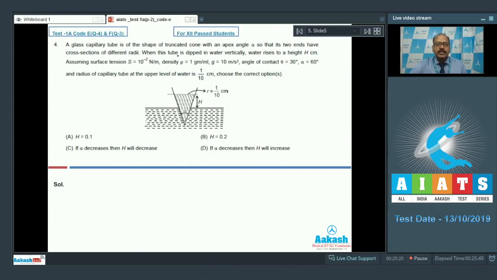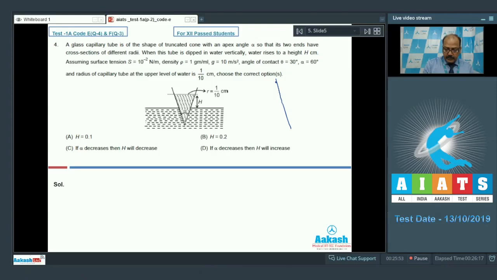Well, clearly the question is from the section Mechanical Properties of Liquids, from the topic Surface Tension. So let's write the expression here and let's make a drawing also. If I draw the liquid surface, this is the surface of the cone.